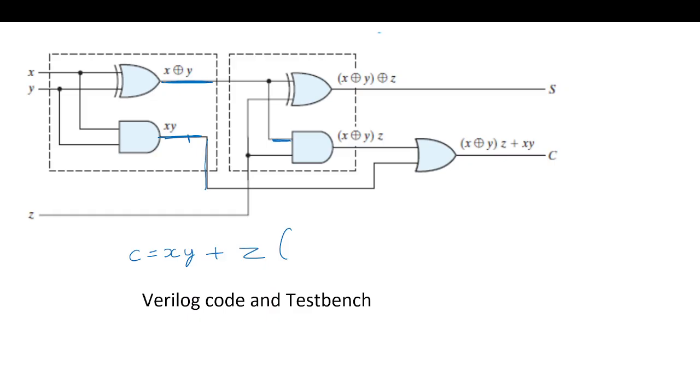We have to perform AND with z, and then we have to perform an OR. So this is the carry expression, and the sum is x XOR y, and this is z. So if you observe, this is one half adder, and this is another half adder, and we need one OR gate.